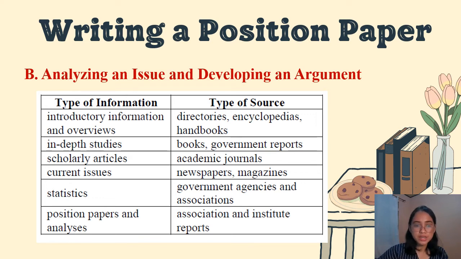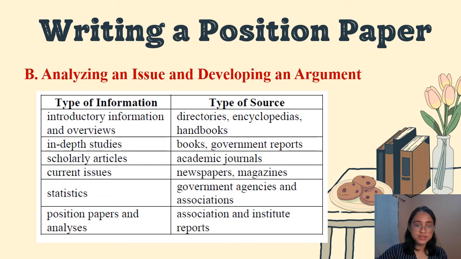So for the type of information here, for introductory information and overviews, the types of source you should look for are directories, encyclopedias, and handbooks. For in-depth studies: books, government reports, and scholarly articles, that is, you look for academic journals. For current issues or news: newspapers and magazines, of course.